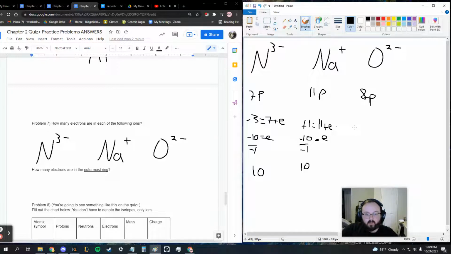Again, right here, our charge is going to be -2 equals plus 8 charge. I really should be drawing in the plus 8s here to make this a little bit less confusing. Plus our electrons, which gives us, again, -10 divided by -1. So each one of these has 10 electrons. So these all have the same amount of electrons.